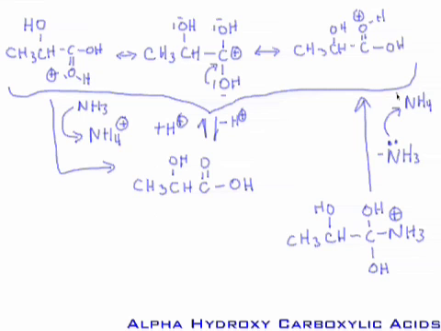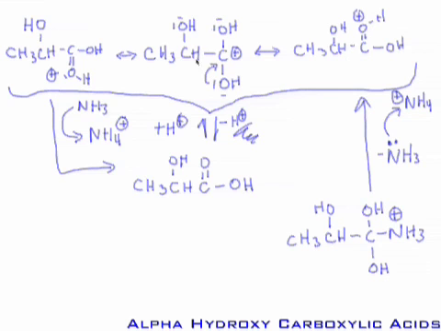That proton may come from solvent, or it may come from the protonated carboxylic acid, this resonance structure up here. If it grabs a proton off here, this minus H+ will go on the NH3, making NH4+. Because of that, there's no lone pair on nitrogen for it to go back.